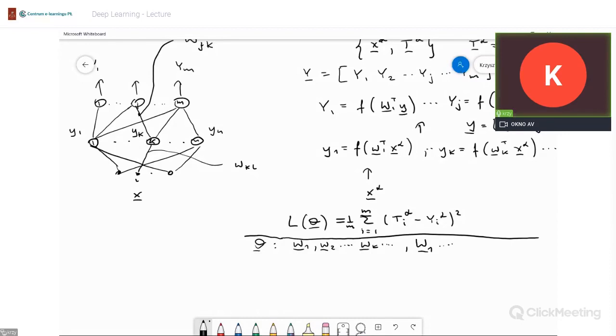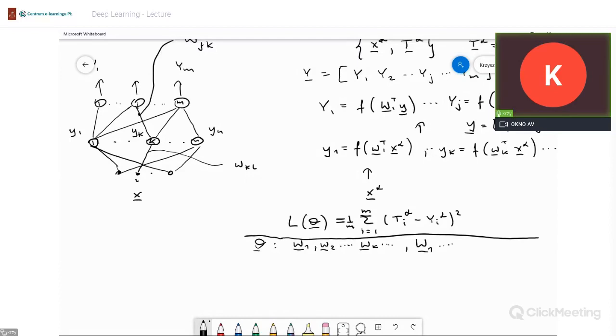A general rule for learning is, if I would like to improve, I should take a step in a direction opposite to the gradient of this loss function with respect to parameters.